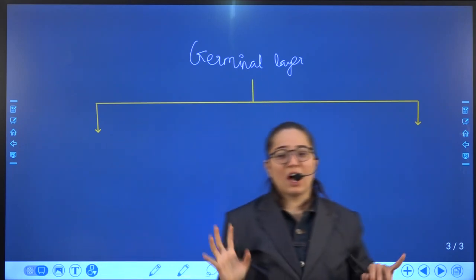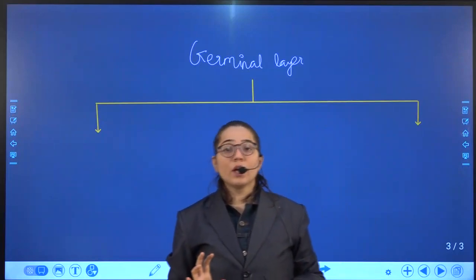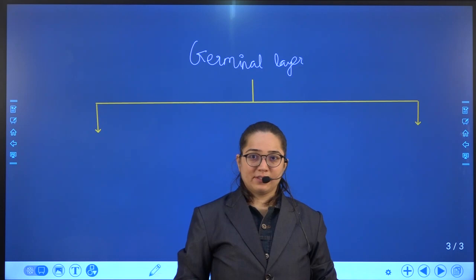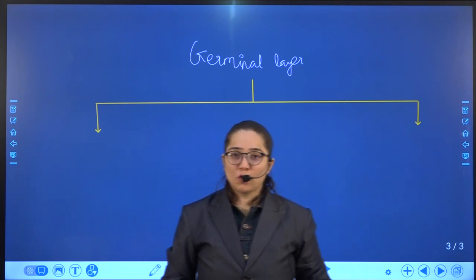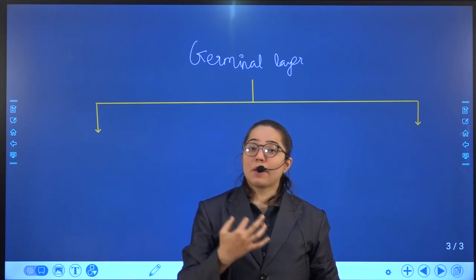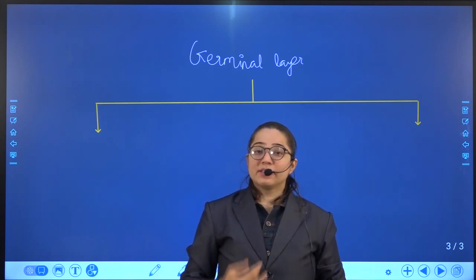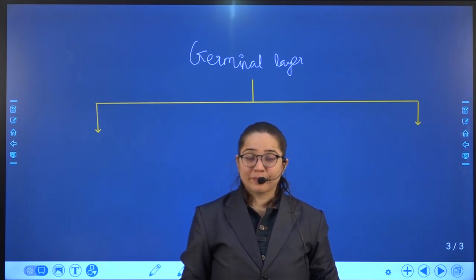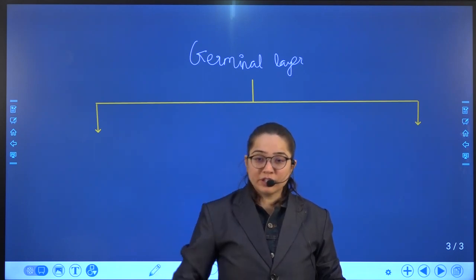Germinal layer means the outer layer. Now, how many outer layers are there? First of all, the very first layer that is present is the skin layer, and that is the outer layer.